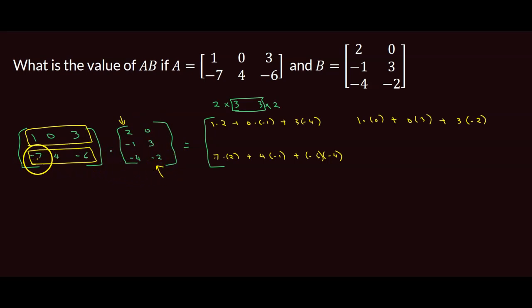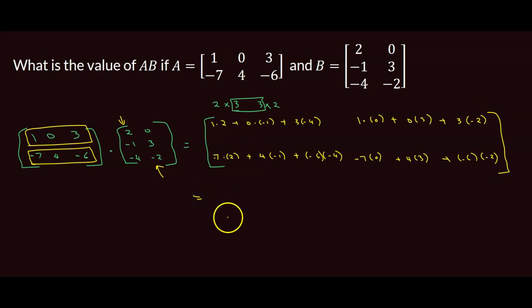And so negative 7 multiplied by 0 plus 4 multiplied by 3 plus negative 6 multiplied by negative 2. And so let's go ahead and simplify.